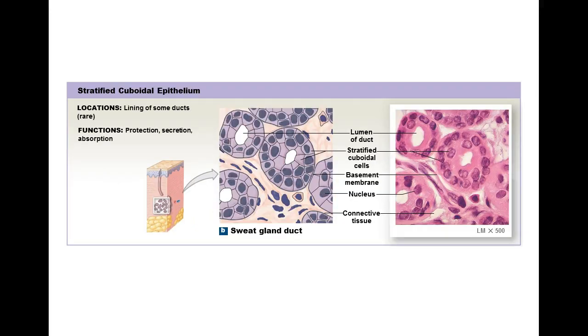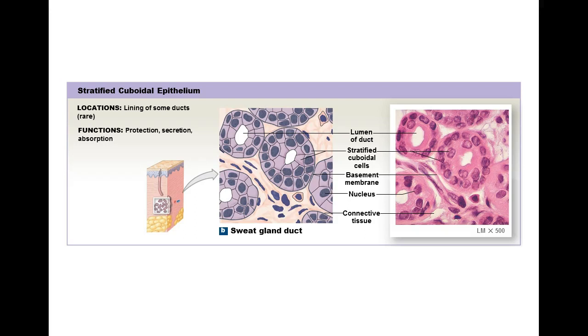transport, I guess you might say, that urine to the bladder where it can be stored. Stratified cuboidal you find in some ducts, but generally not common, because stratified isn't going to have that secretion capacity except for in the superficial layer.